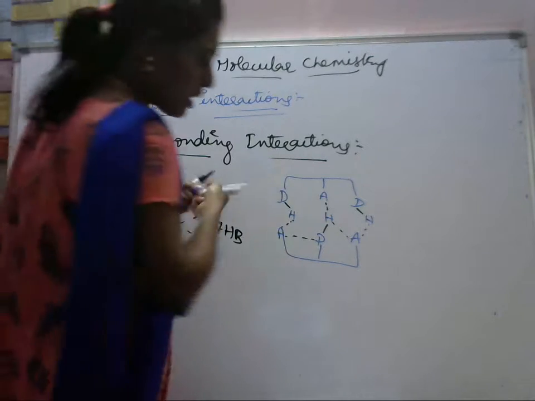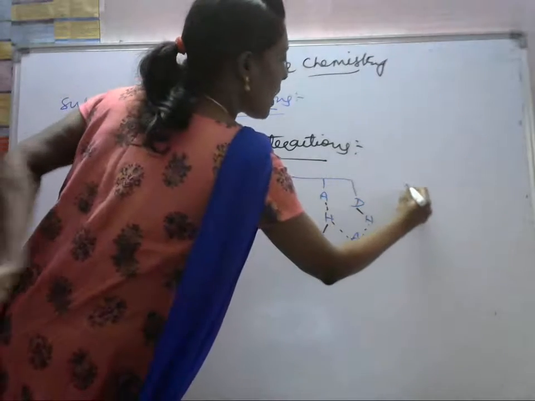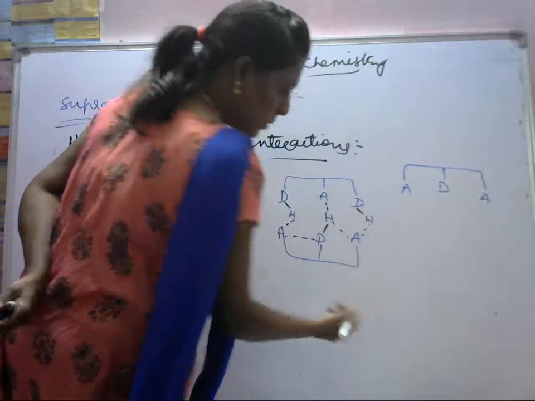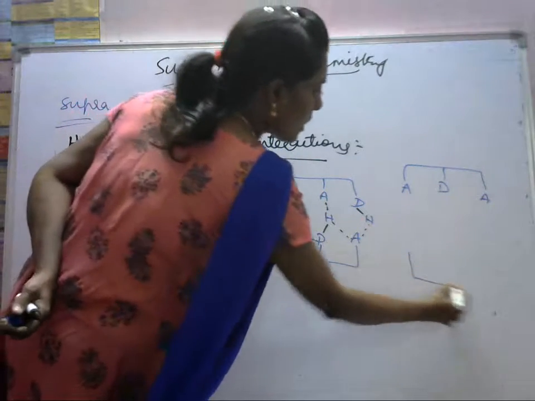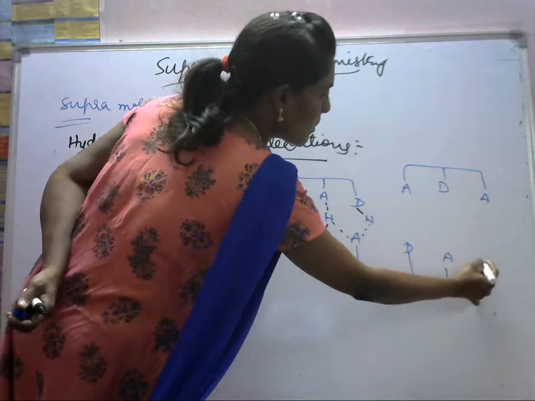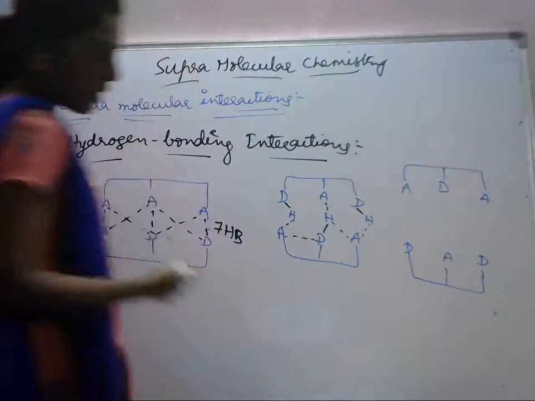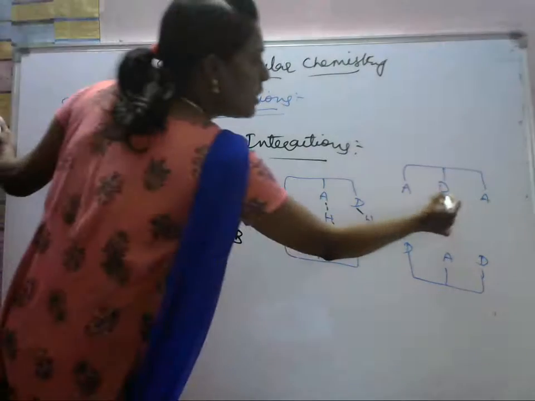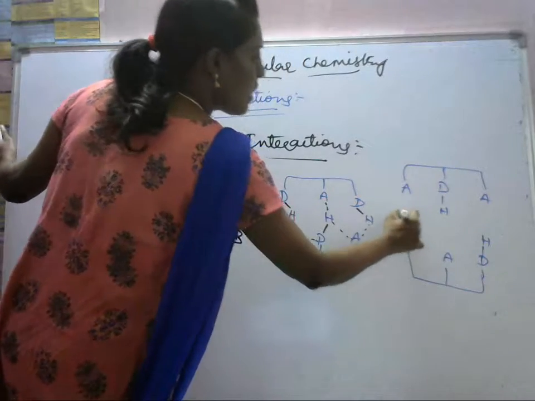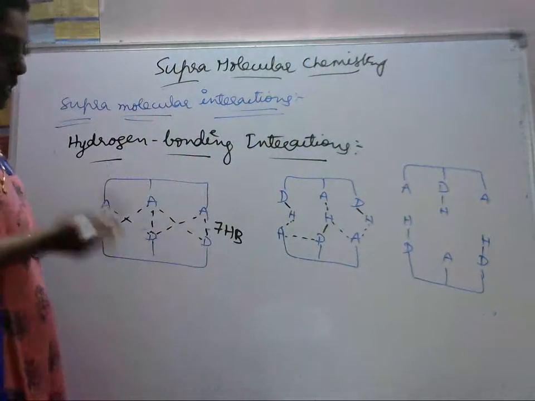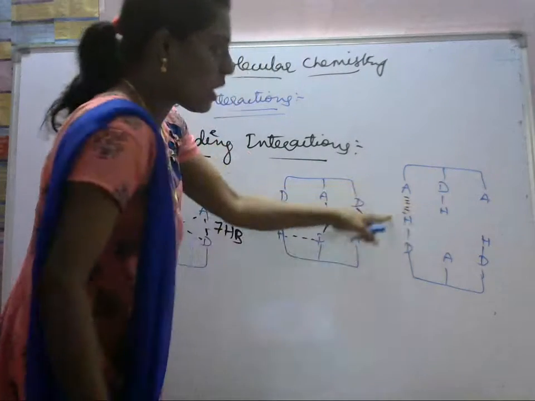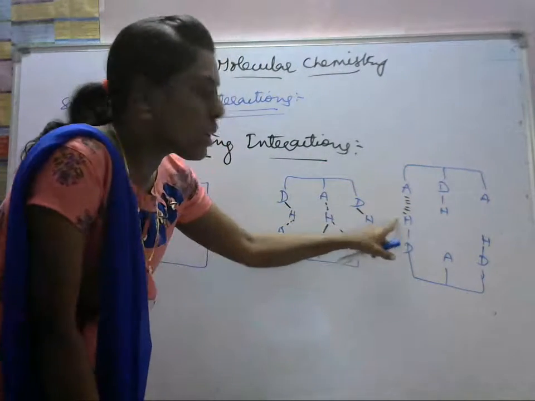Next one is A, D, A, and we write the same in the opposite manner: D, acceptor, D. Here the donor D has H, and here is an H, and here is an H. There is a hydrogen bond between the acceptor and the donor hydrogen.